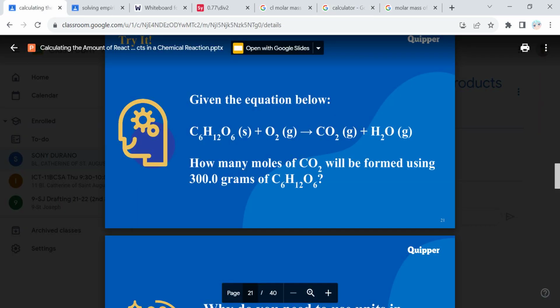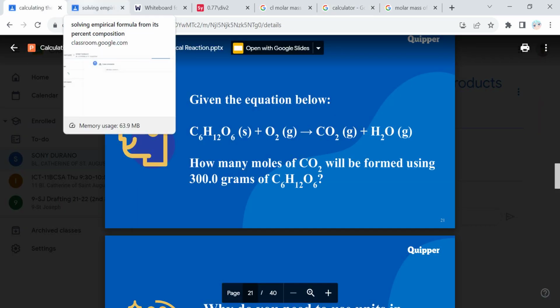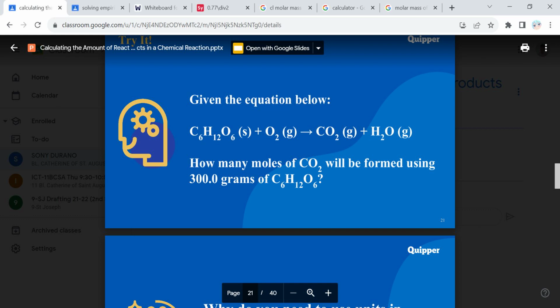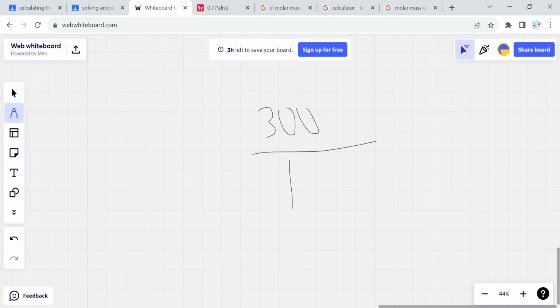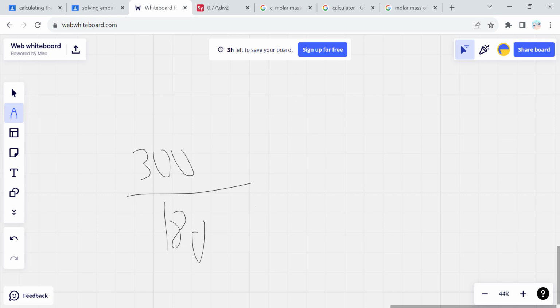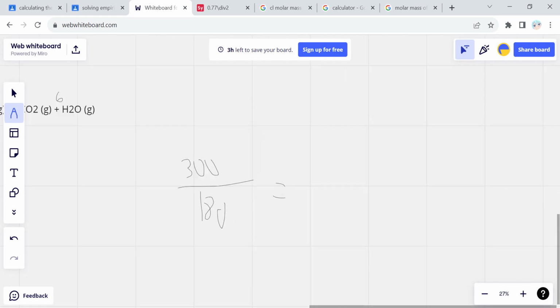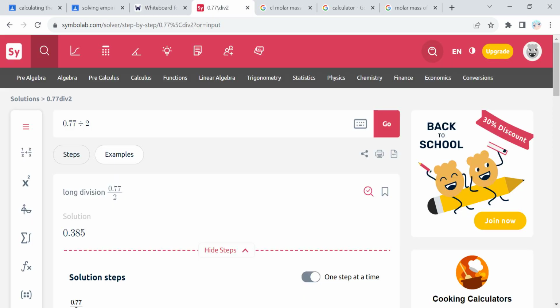But anyway, let's see here. We'll just have to again convert the grams into moles. Sorry. So 300 divided by 180 should give us, what does it give us?